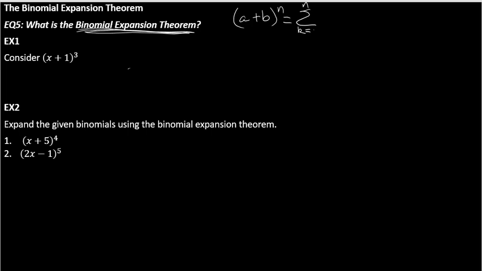We're going to have our initial k of 0. First, we have the combination, so we're going to say n choose k. Then we have a to the n minus k times b to the k.